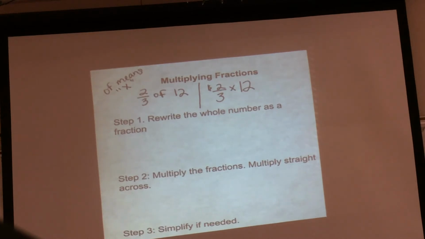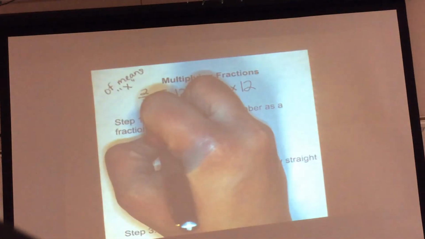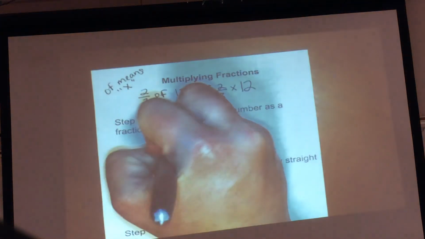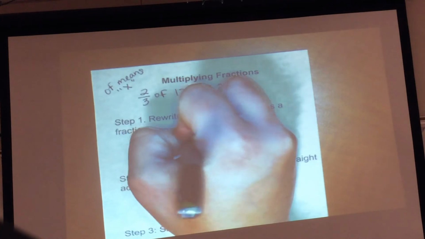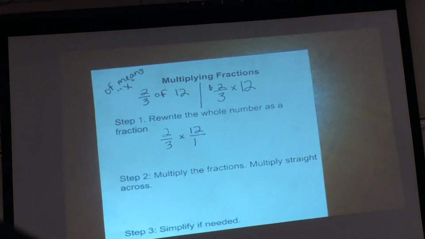Okay? So the first thing you're going to do is rewrite the whole number as a fraction. So how would I make 12 a fraction? 12 over 1. Yes. So I'm going to rewrite this problem 2/3 times 12 over 1.